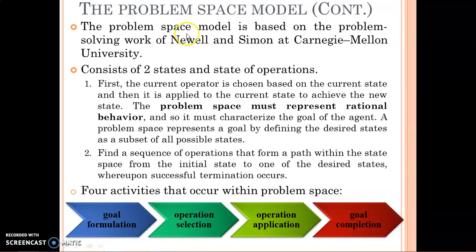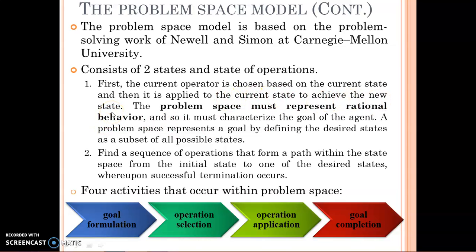The problem space model is based on the problem solving work of Newell and others. This model basically consists of a set of states and a set of operations that can be performed on these states. The current operator is chosen based on the current state and then it is applied to the current state to achieve the new state.